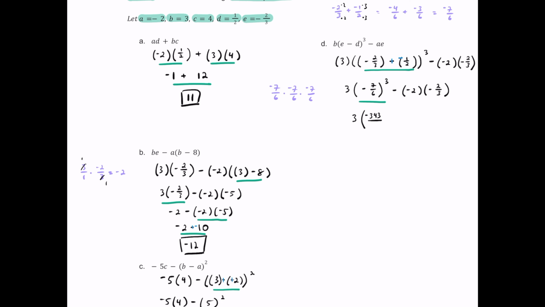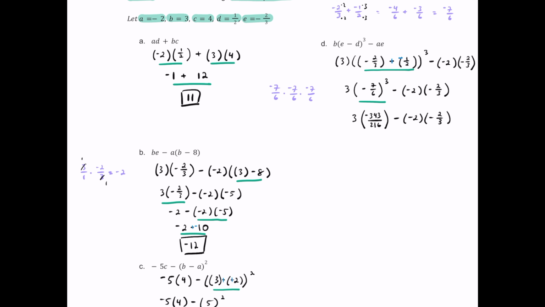And then 6 times 6 is 36, and 36 times 3 is 216. All right, so that's what negative 7/6 cubed is. You remember you just multiply the numerators and denominators together, and minus negative 2 times negative 2/3.